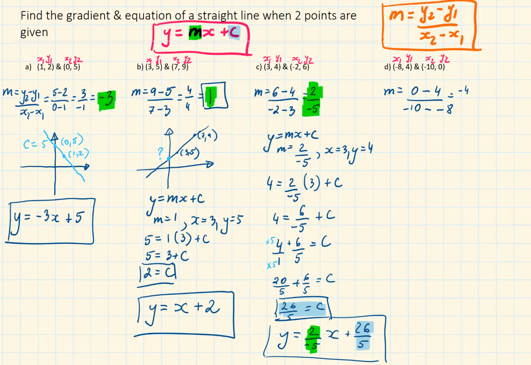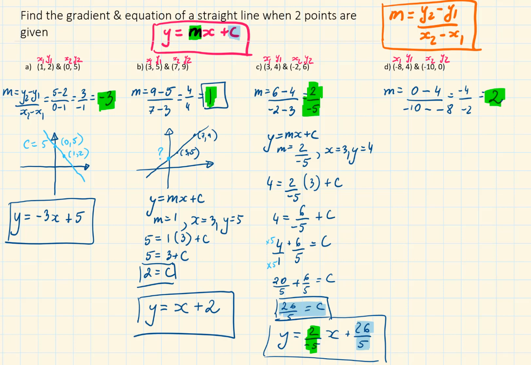Now this is minus 4 over minus 10 plus 8 is equal to minus 2, and this is equal to positive 2, because negative divided by negative is equal to positive. So minus 4 divided by minus 2 is equal to 2. So now we've got a gradient.